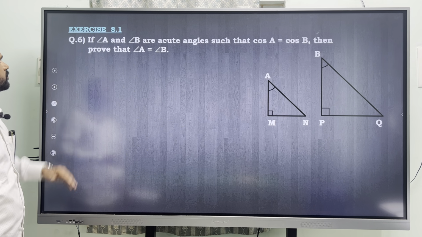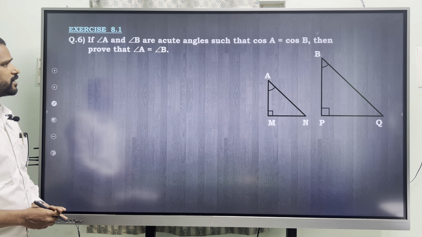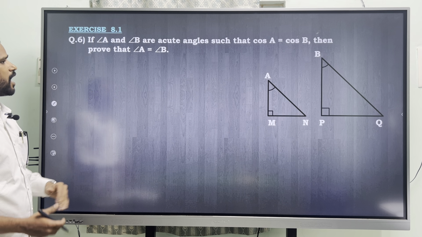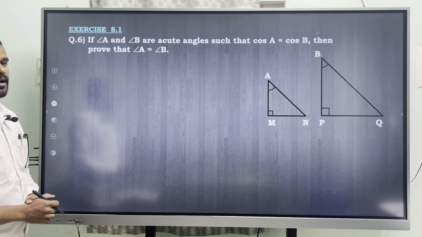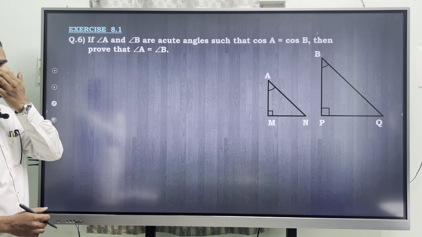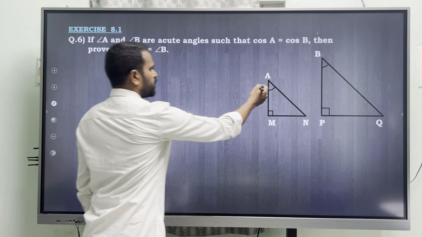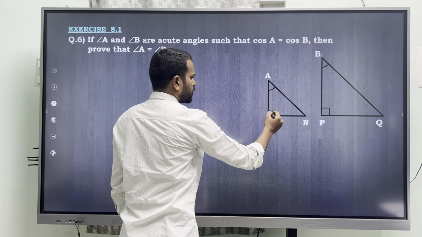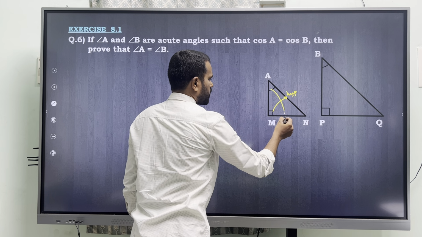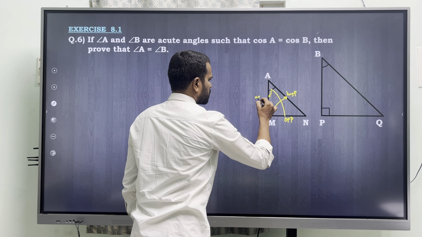Next, see here, if angle A and angle B are acute angles such that cos A equal to cos B, then prove that angle A equal to angle B. This is what we have to prove. Now see here, this is a right angle, right? So this becomes hypotenuse, this becomes opposite and this becomes adjacent.